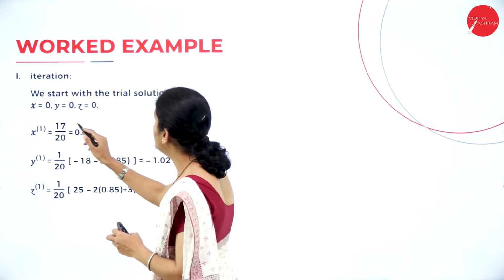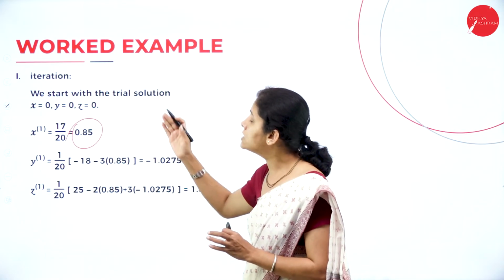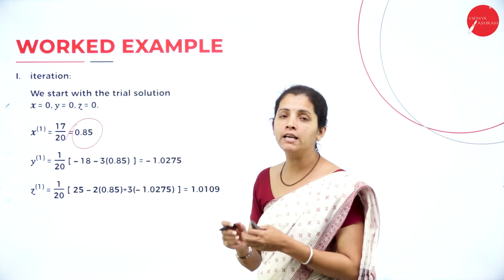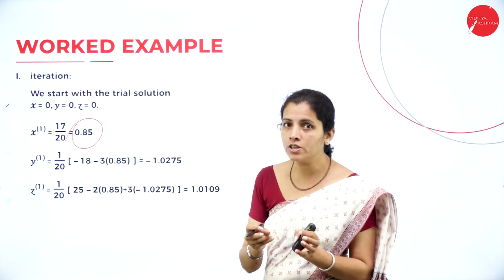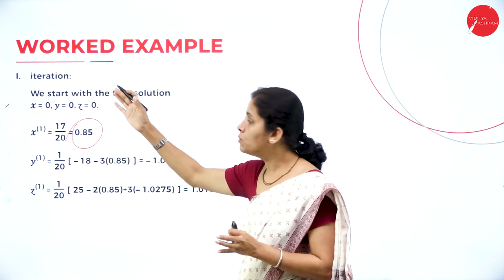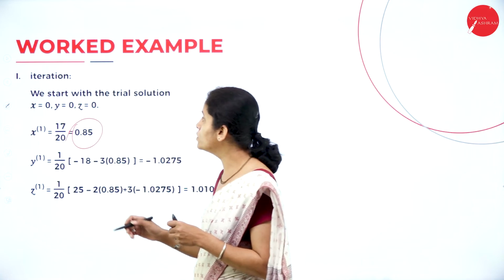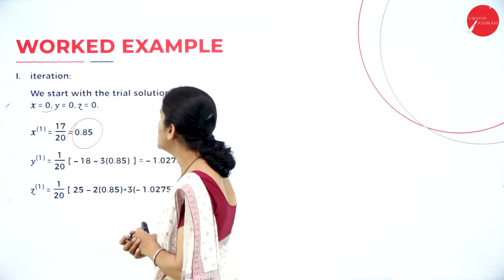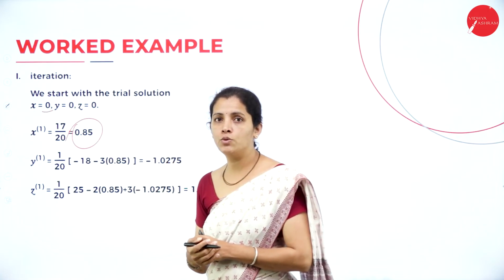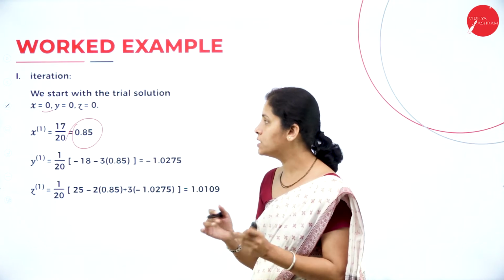And dear student, in my next iteration, I am going to start substituting the values, because I just want to start my iteration and I don't know what my x value, y value, and z value are. So I am going to start with the initial trial solution, that is x equal to 0, y equal to 0, and z equal to 0.